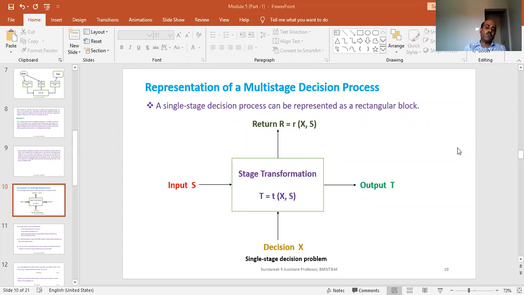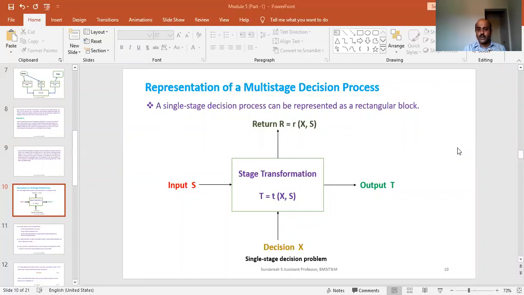What you are seeing on the slide is the representation of a single stage decision process. In the dynamic programming approach, we represent a single stage decision process as a rectangular block.